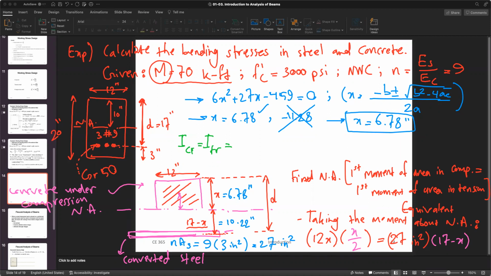If you want to find the moment of inertia of the system about the neutral axis, do you know that the moment of inertia of the top rectangle, about one end of the rectangle, is bh cubed over 3? Remember that?